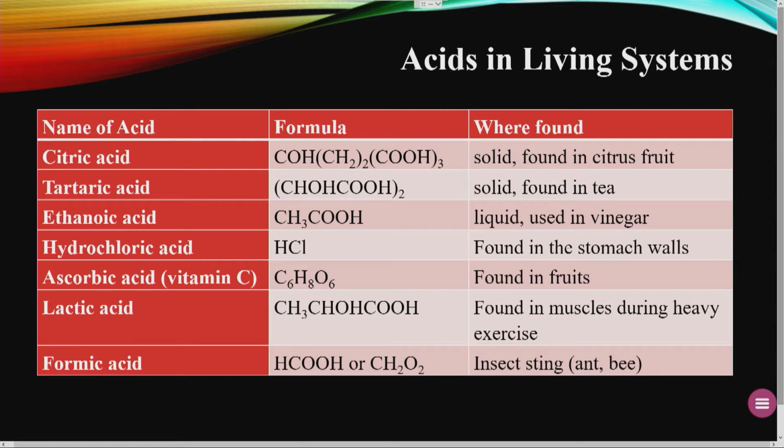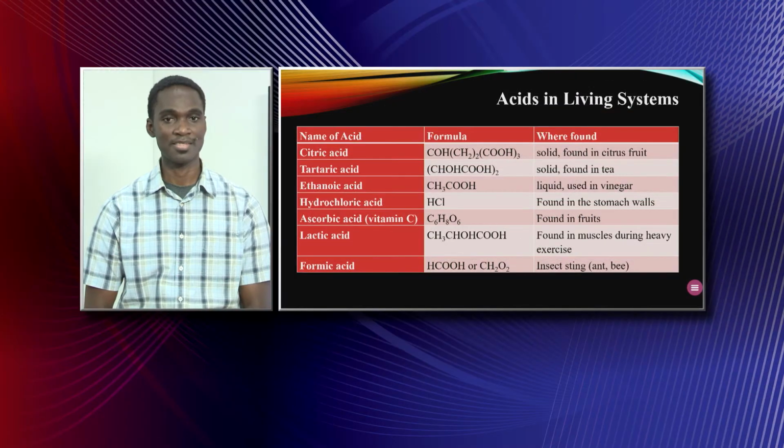Lactic acid, CH3CHOHCOOH, which is found in muscles during heavy exercise, or we can say during strenuous work. Formic acid, HCOOH, or CH2O2. We find this in insect sting, such as the ant and the bee. So here we are with acids in living systems.